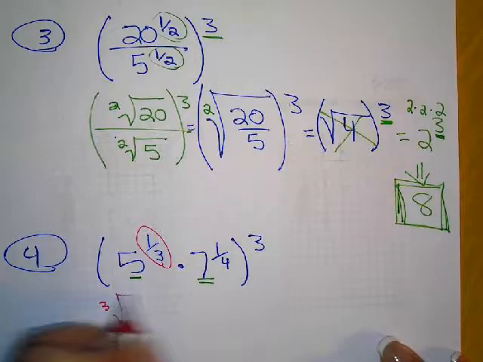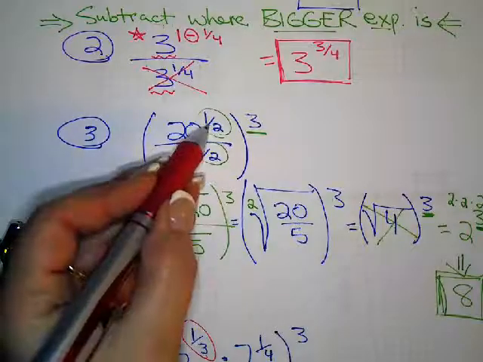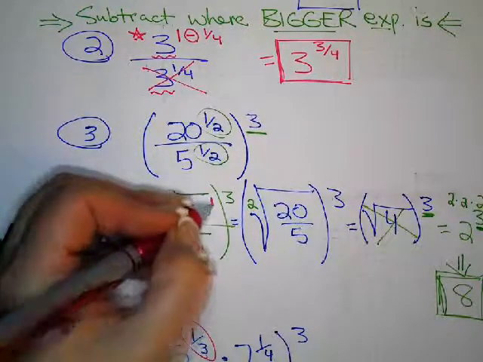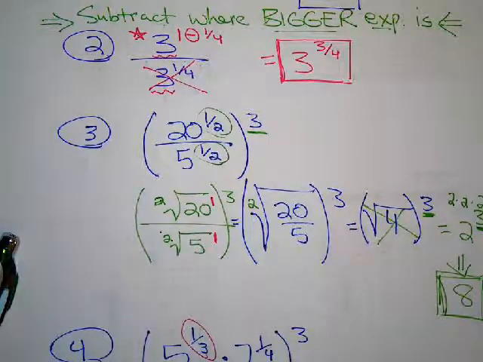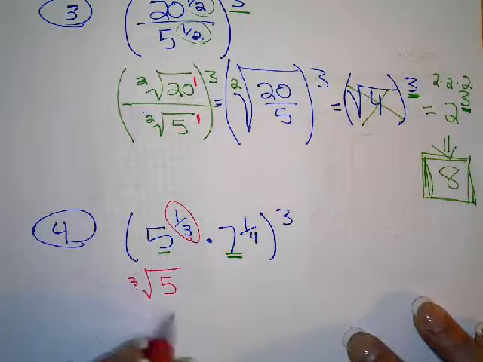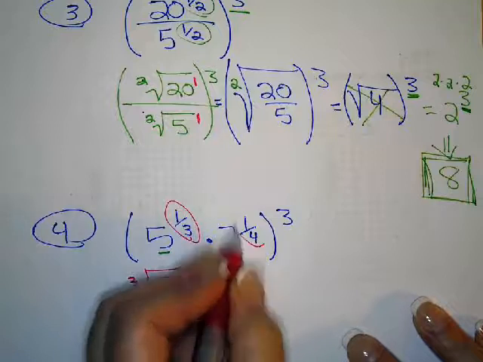And some of you say, well, where's the 1? Like over here, you might say, well, where's the 1 when we did the 1/2? It's really here. It's just we didn't write it, because 1 doesn't really change anything, does it? Okay, so a 1/3 is really a cubed root. This 1/4 is really a 4th root.